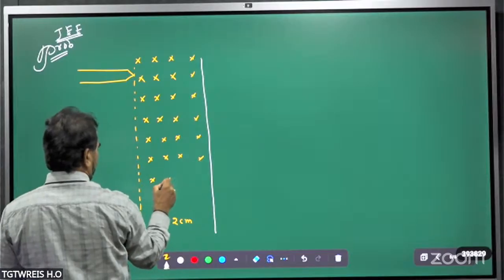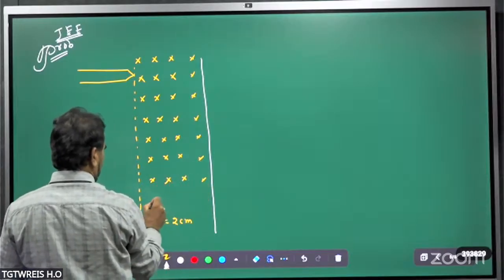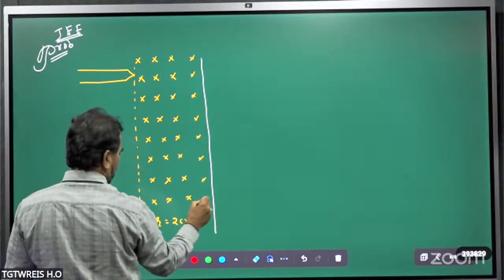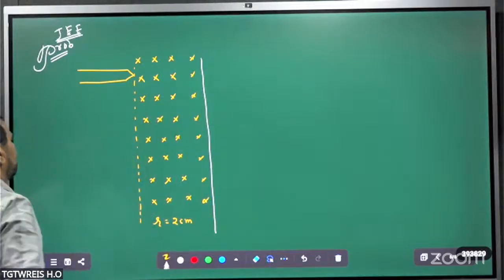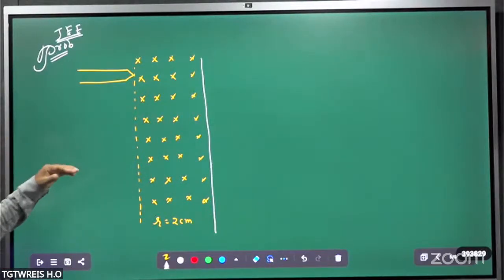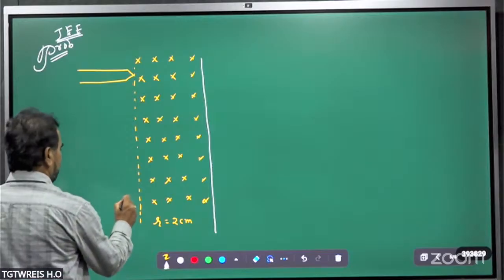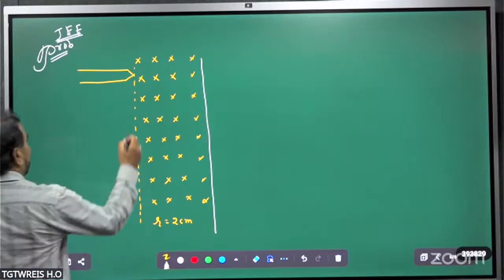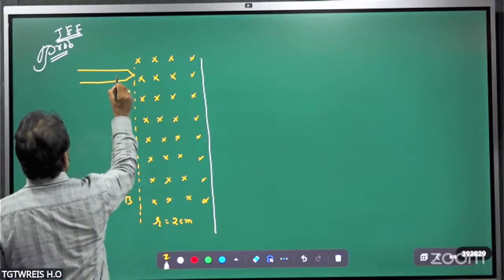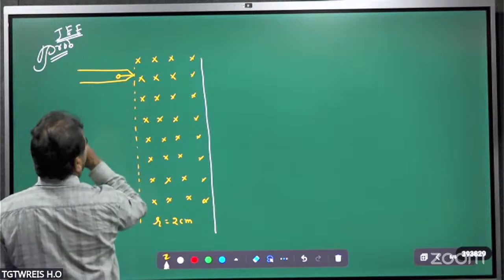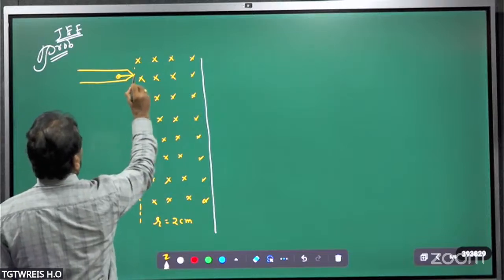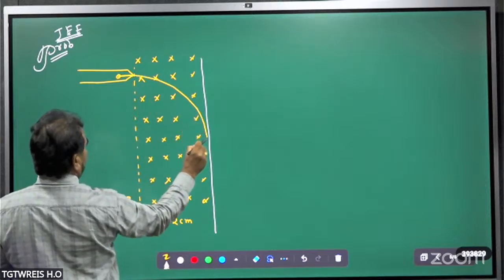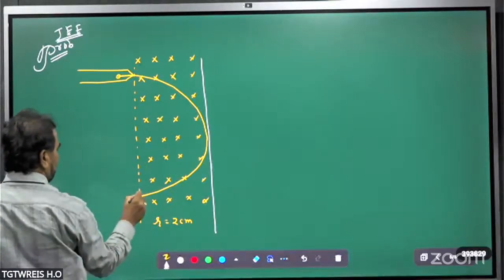Some amount of magnetic field B is applied between the screen and the electron gun. When the electron is fired from the gun, it is deflected like this.